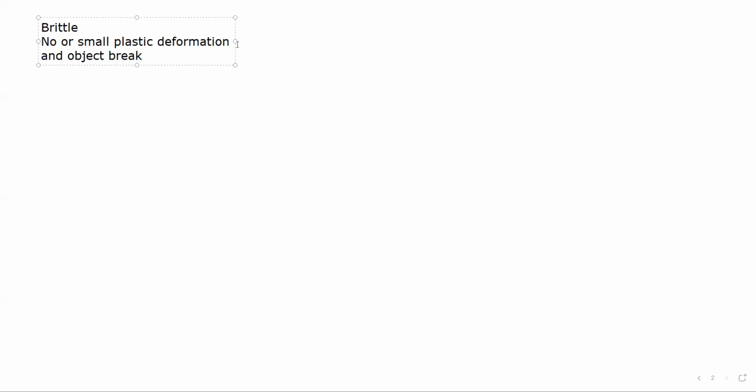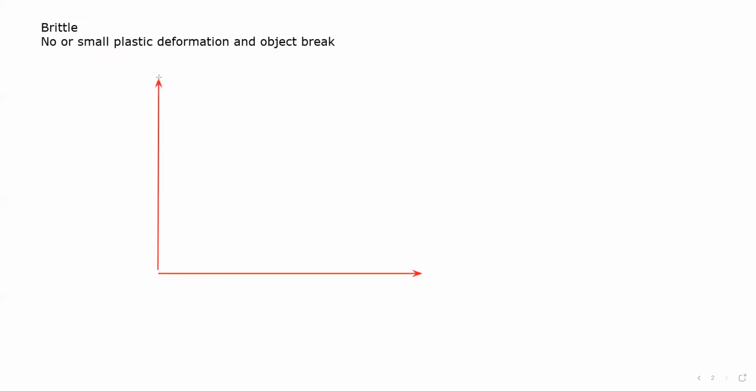So either it is no or very small plastic deformation and the object breaks, we call that brittle. So how can you work out a brittle material? There should be either no deformation or very small plastic deformation.